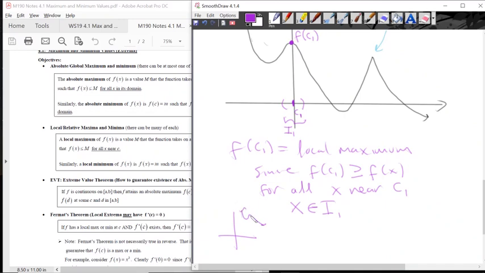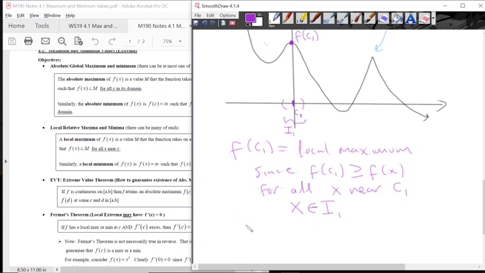If you construct a big enough neighborhood, you might eventually find a y value that is larger than it, but the fix to that is to construct a smaller neighborhood. If you can construct a neighborhood that is small enough, to the left and the right of the critical number, such that the output of the critical number is the greatest value that you can find within that region, then it is a local max.